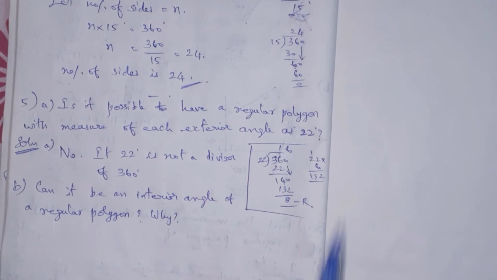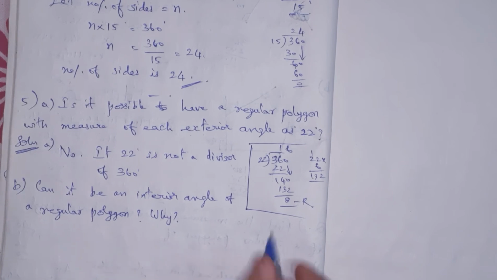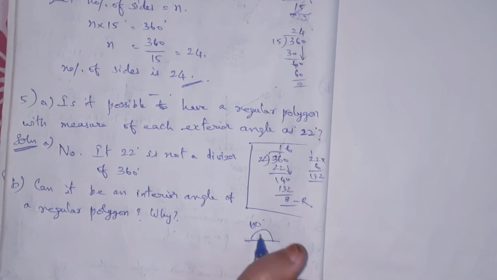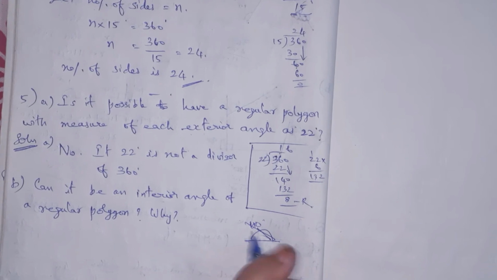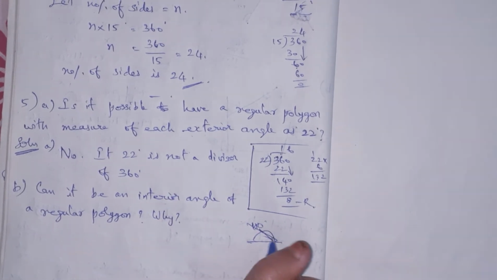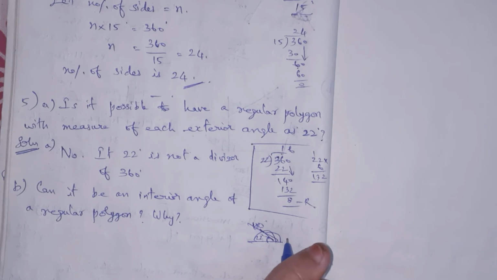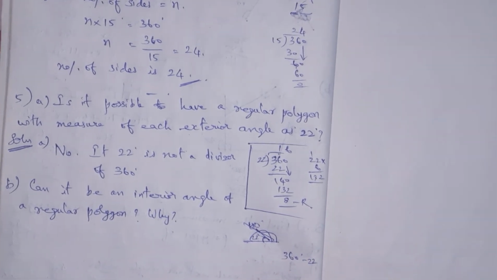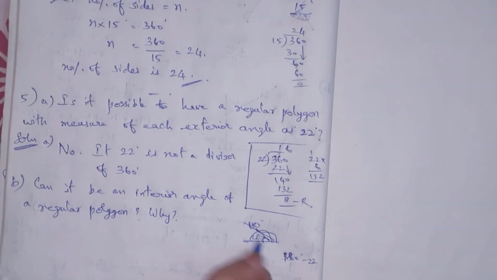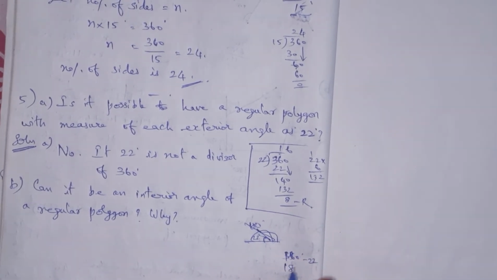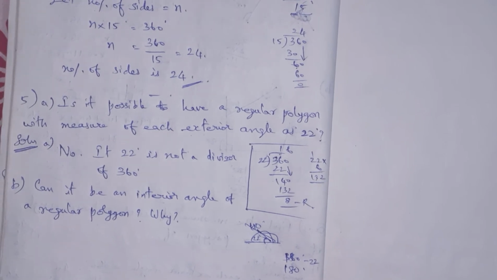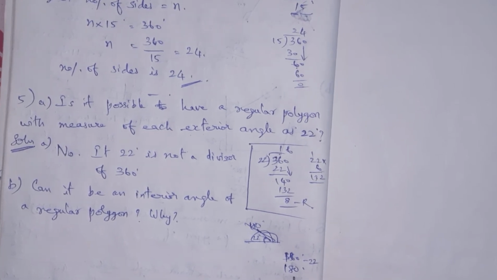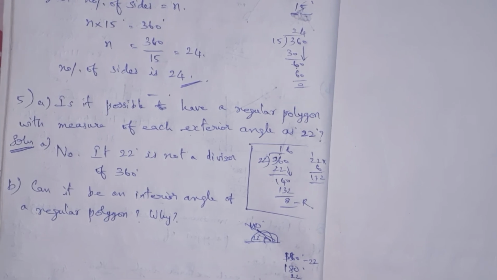The interior angle means 180 minus 22, which is 158.